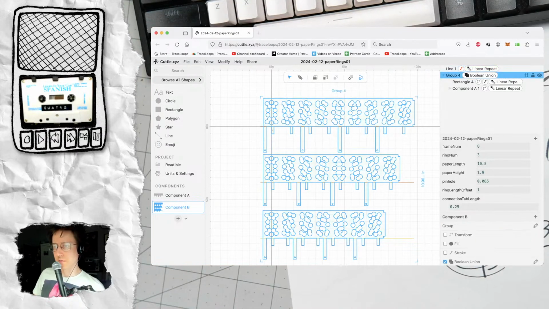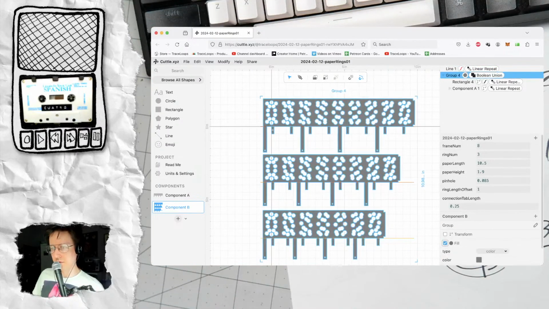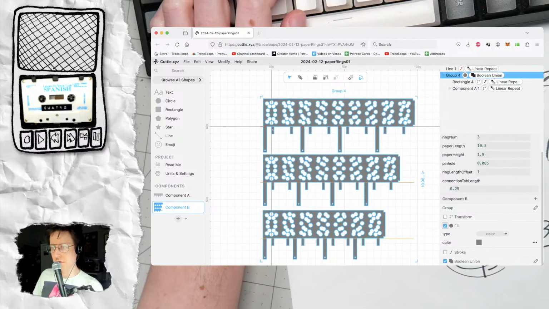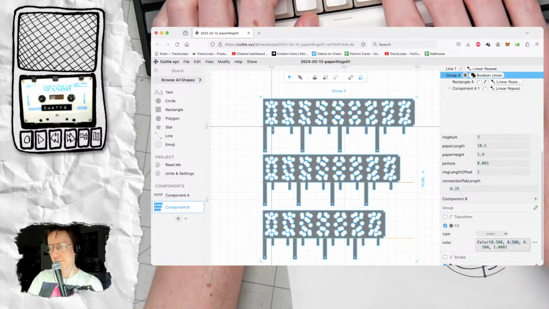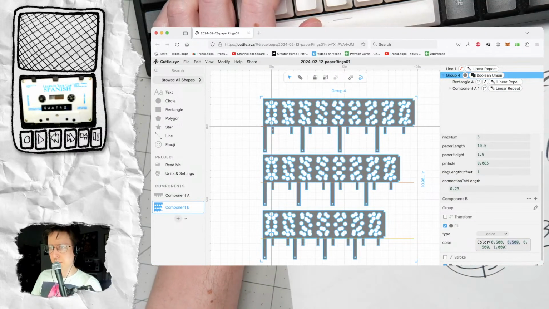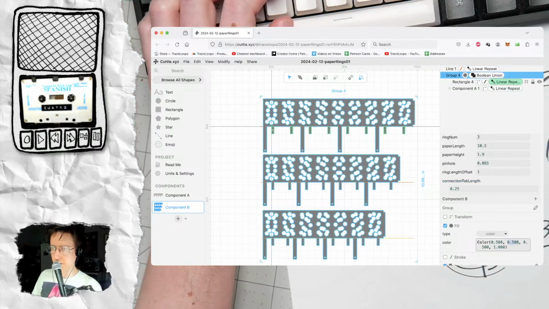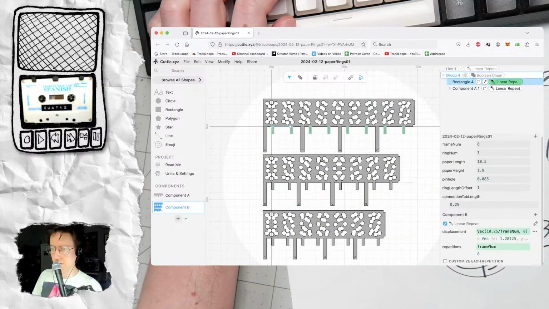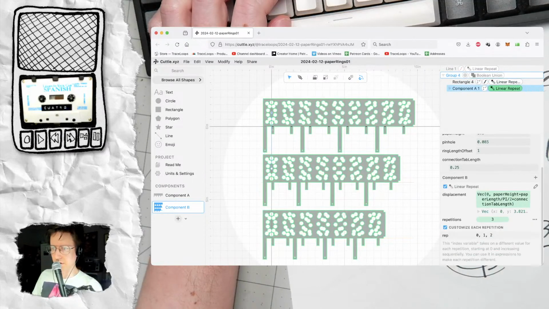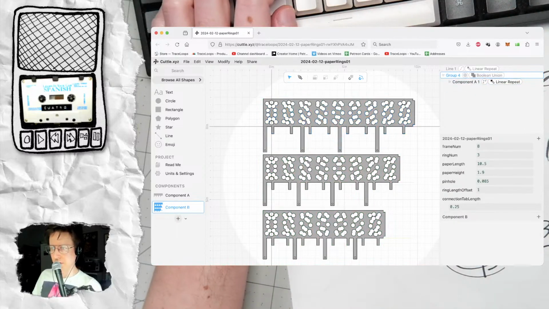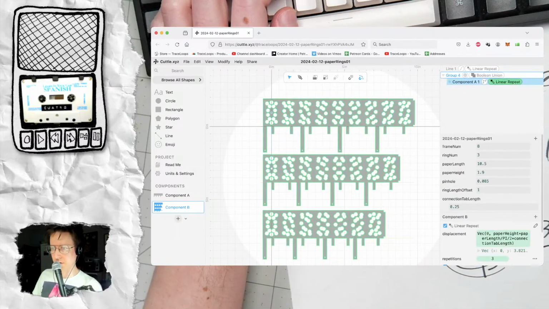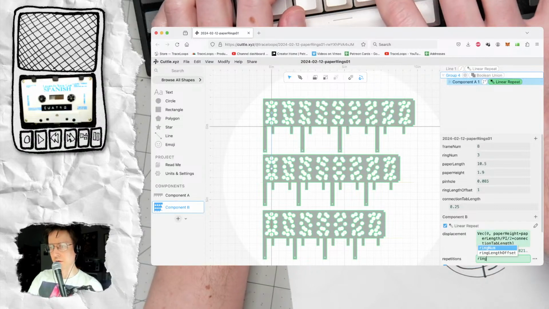And now let's come to group 4, change the fill, edit this expression, and make this... do I have ring num? Okay, so that should actually be the linear repeat for this guy. Oh, and I don't need this anymore. Linear repeat should be ring num.